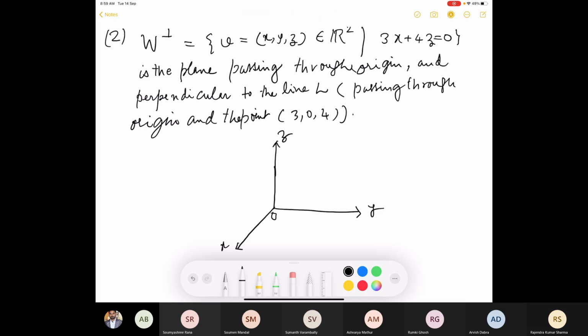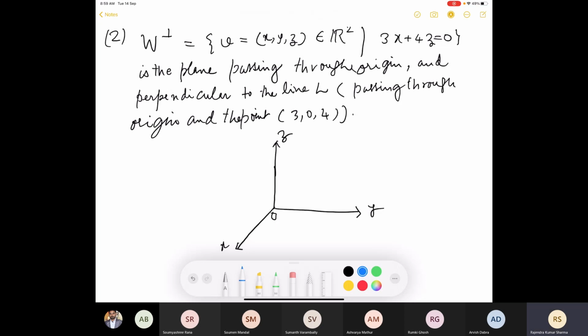This is the origin, and the point (3, 0, 4). So the y coordinate is 0, and this is somewhere here.